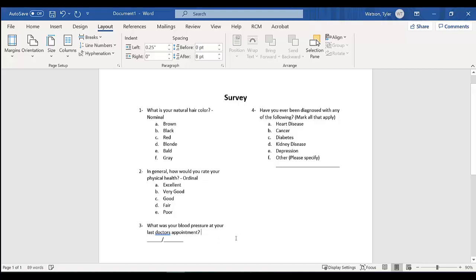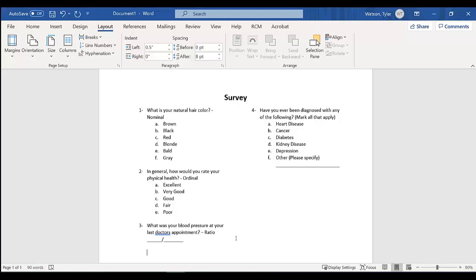This question is a ratio data type question because blood pressure, systolic and diastolic, are two separate continuous numbers on a number line. Now, I'm going to include interval and ratio together because the way you code them is the same thing.